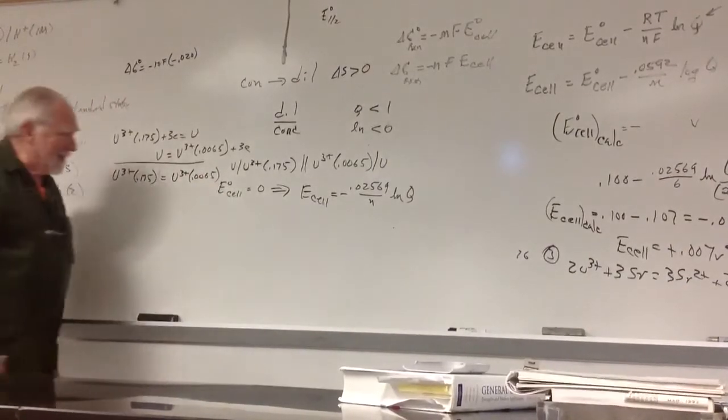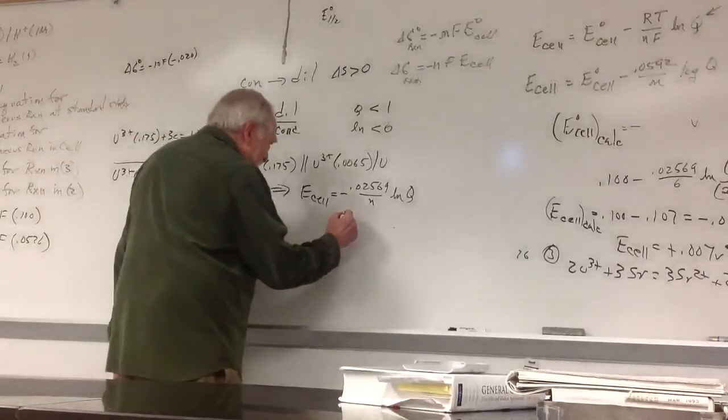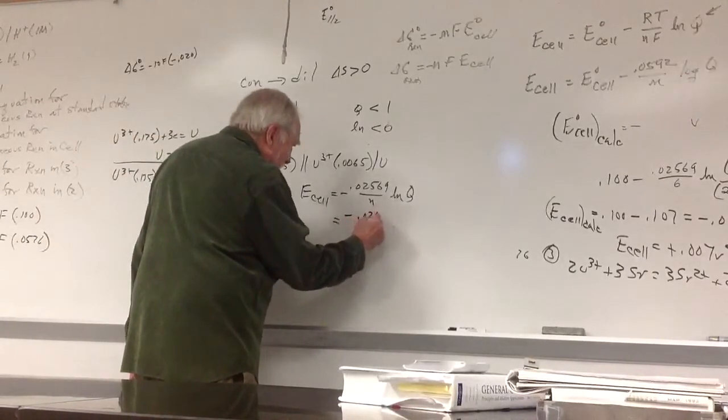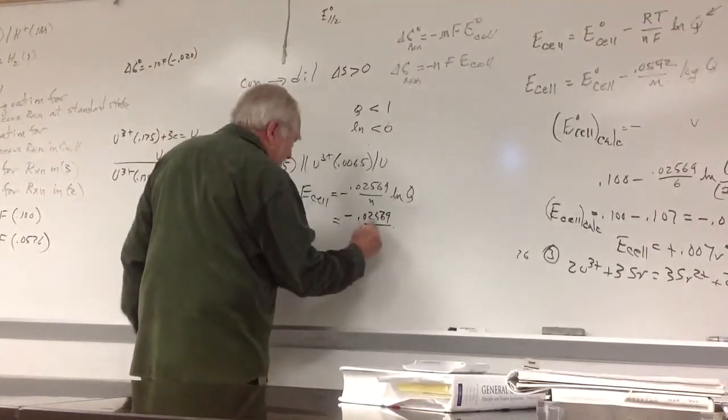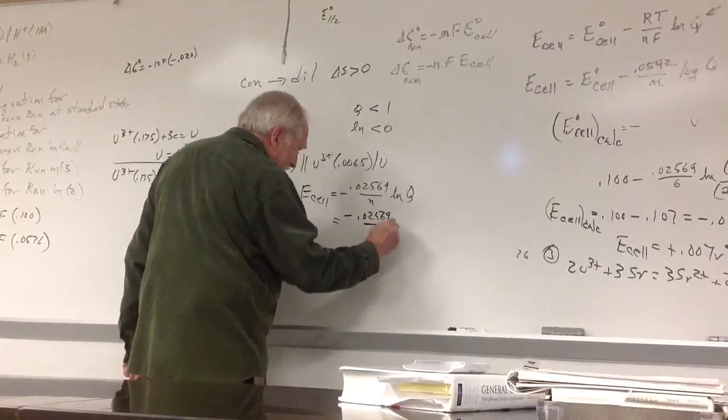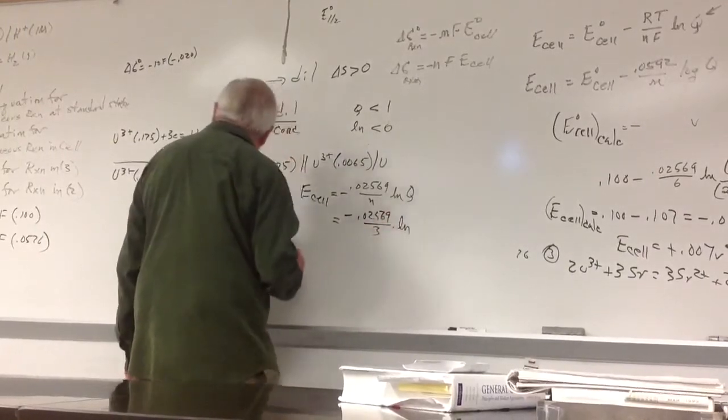And you write for your thing. Well, 3 electrons, lowest common multiple, somebody said 3.